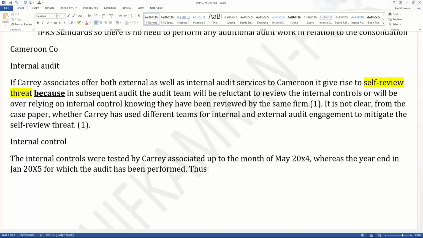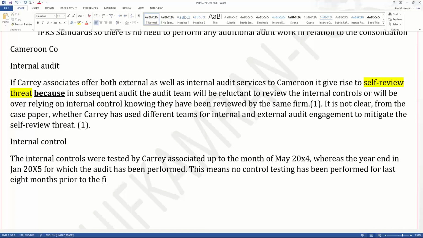This means no control testing has been performed for the last 8 months prior to the financial year closing.